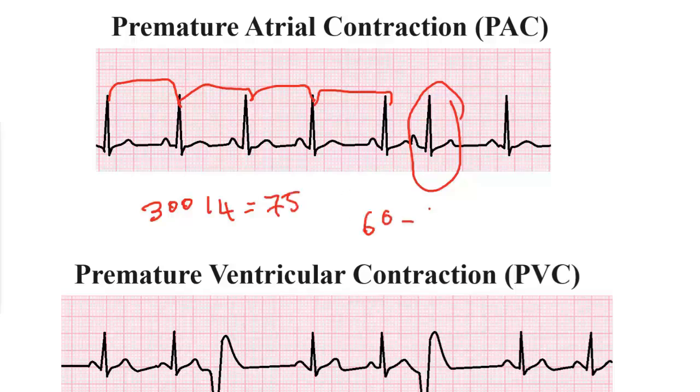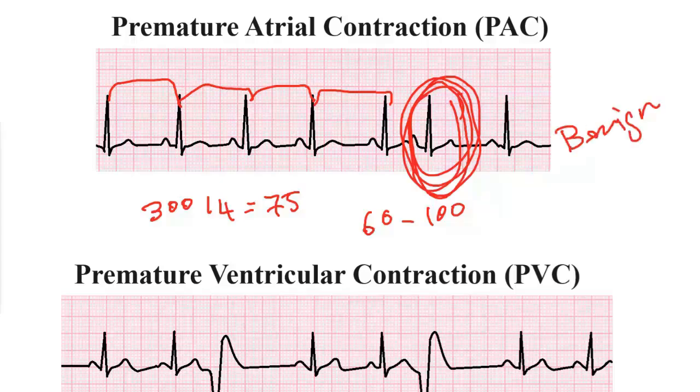Normal heartbeat is 60 to 100. So this patient has a normal, regular heartbeat, but we see that here we have an extra heartbeat. And this is an example of premature atrial contraction. This is the most common arrhythmia in children, and they might describe it as their heart flip-flopping. And as a matter of fact, this is a benign condition, not to worry about it.